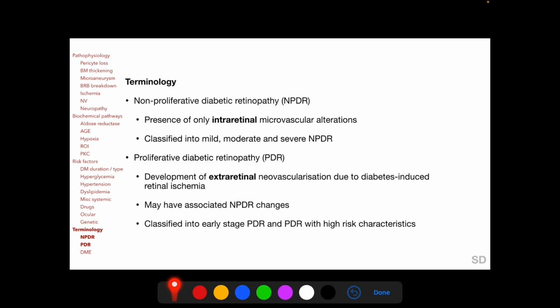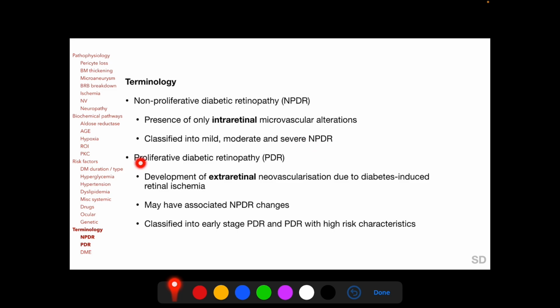Three clinical forms of diabetic retinopathy have been described: non-proliferative diabetic retinopathy, proliferative diabetic retinopathy, and diabetic macular edema. Non-proliferative diabetic retinopathy, which we will be discussing in the next session, is defined as the presence of only intraretinal microvascular alterations and is classified into mild, moderate, and severe non-proliferative diabetic retinopathy or NPDR.